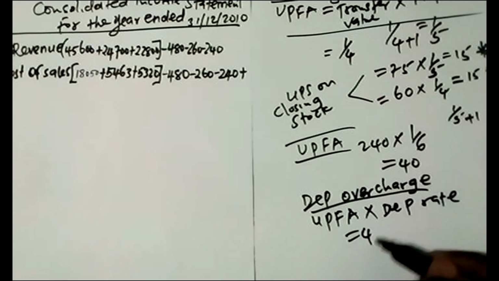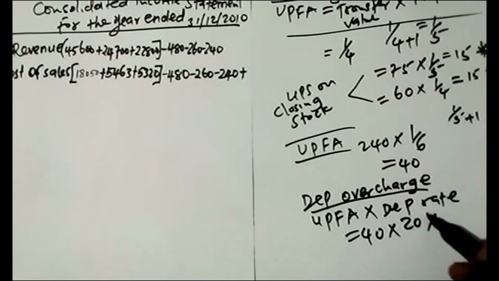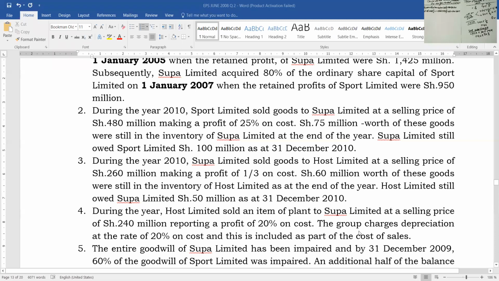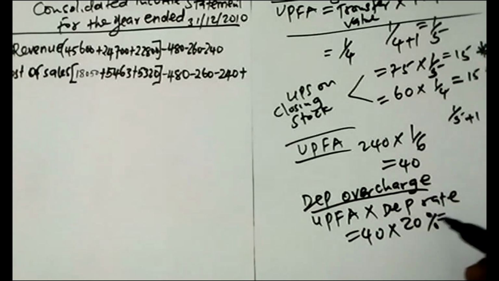So that is 40 times the depreciation rate, I think it was 20%. This one you will be given, the percentage is given. So you are told the group charges depreciation at the rate of 20% on cost. So our answer for depreciation overcharge is 8. So we have a UPFA of 40 and depreciation overcharge of 8.